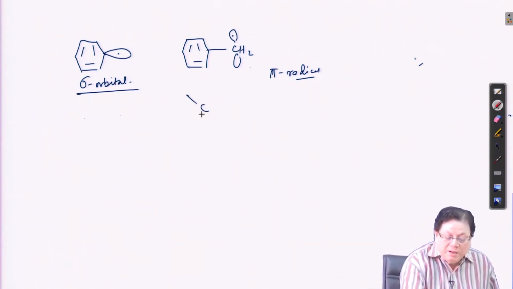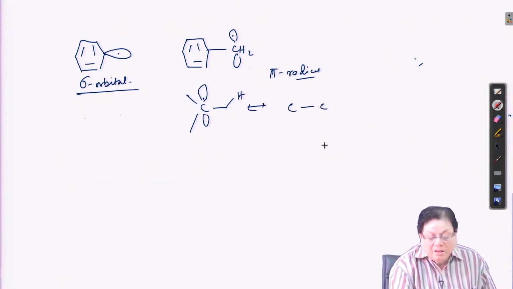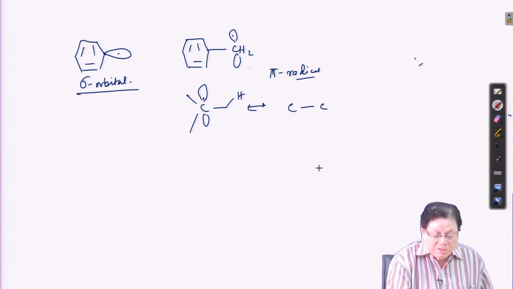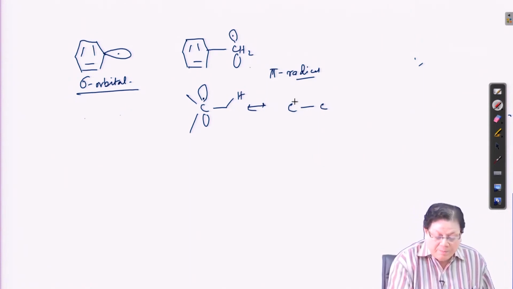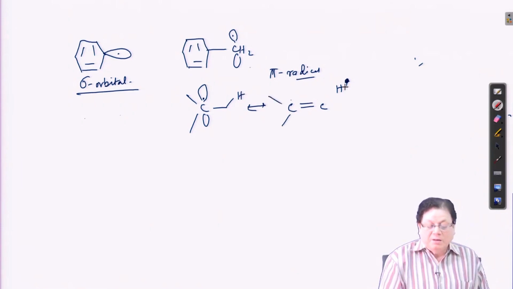If you take tertiary butyl radical, that is also a pi radical, because in this case you have hyperconjugation with the adjacent beta hydrogens. So you have H dot and a double bond.